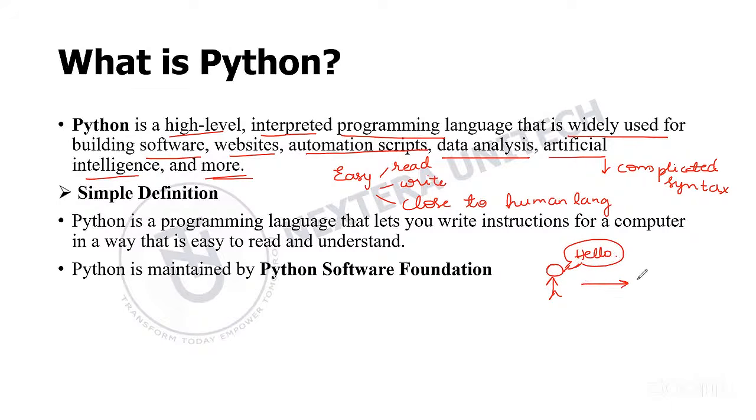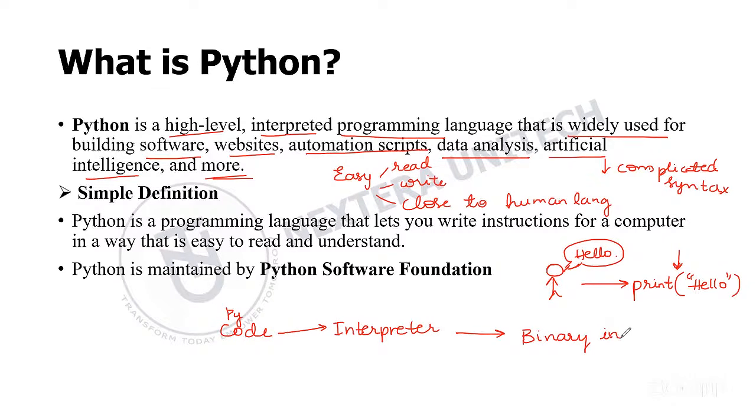But in Python code, you need to use a print function, and you need to keep it in apostrophes as a string. We'll learn about this in depth, do not worry. We'll just use a print function for printing any statement, okay? Python uses something called an interpreter. What this interpreter does is, it will take our Python code and convert it into binary instructions or machine code.